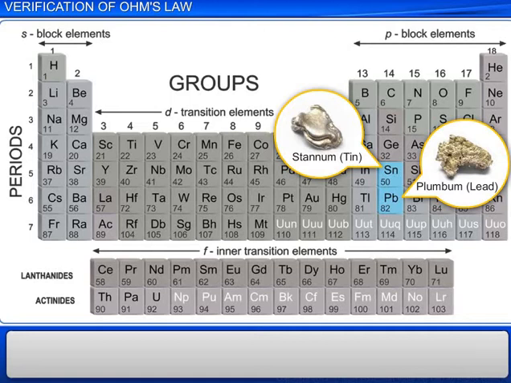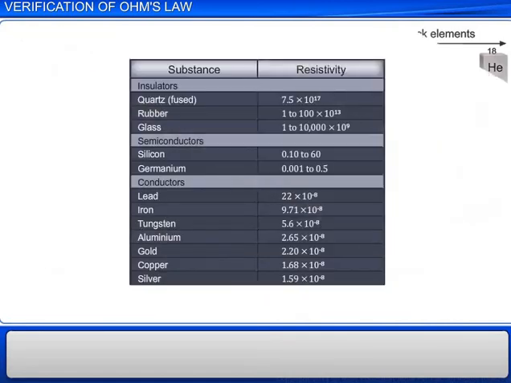Substances under this condition are called superconductors. The resistance of a superconductor is nearly zero at very low temperatures. The table here shows the resistivity of some materials.